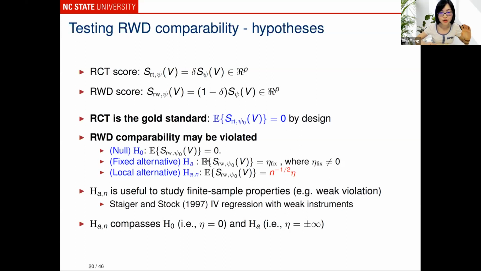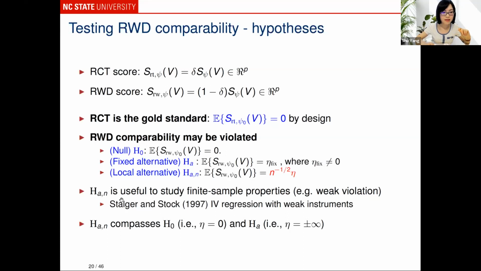The fixed alternative cannot capture this behavior. A local alternative is useful to study the finite sample properties under weak violation of the assumption. It models the bias to be eta over square root of n. Eta is usually called the local parameter.